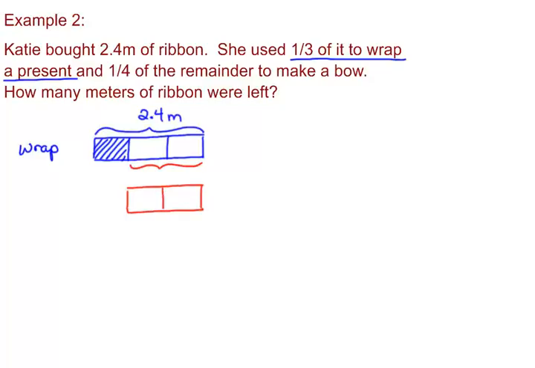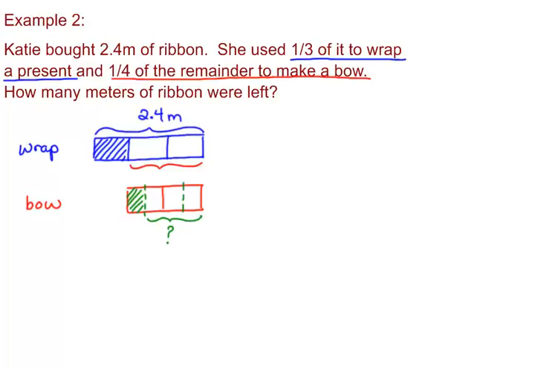And she said she took 1/4 of the remainder to make a bow. So this is our bow. And she took 1/4 of it, so I'm going to divide it up into fourths. So here's 1/4 of it. And so the question is, how many meters of ribbon was left? So we are looking for this spot right there.